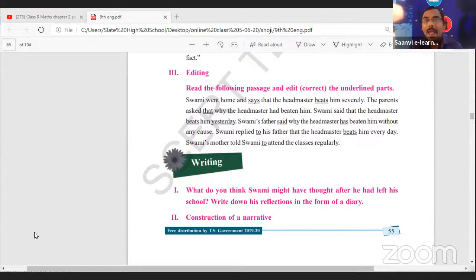Swami went home and said that the headmaster beats. Beats is also verb one form. So instead of verb one, we will have to use verb two there. Beat him severely. So what is the spelling of the word beat? B-E-A-T. Swami went home and said that the headmaster beat him severely.